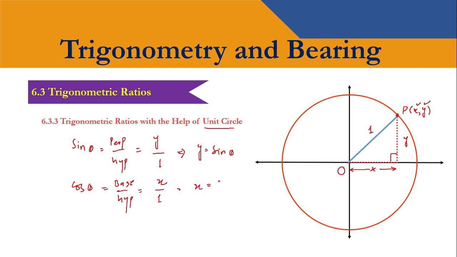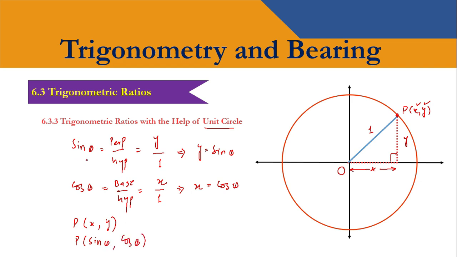So x is equal to cos of theta. So now our point P in terms of the trigonometric ratios: as P is equal to x and y, we will replace x and y with cos and sine. So the point P is equal to cos of theta and sine of theta.